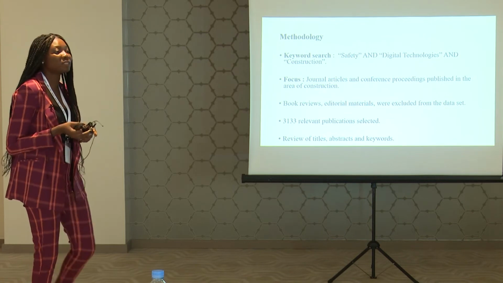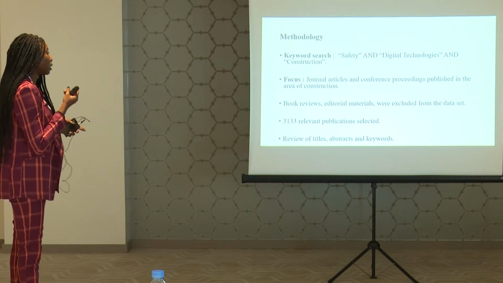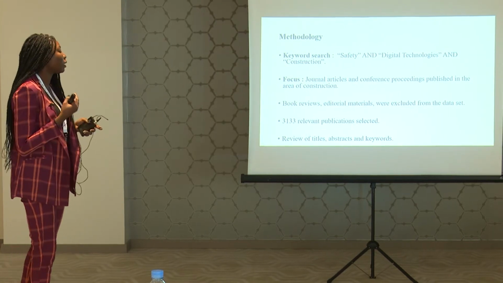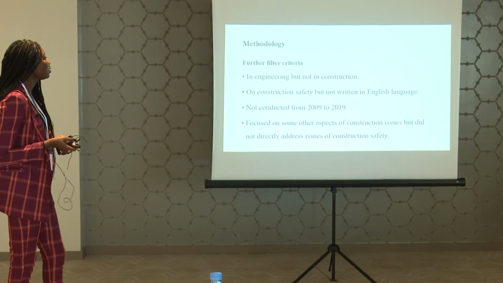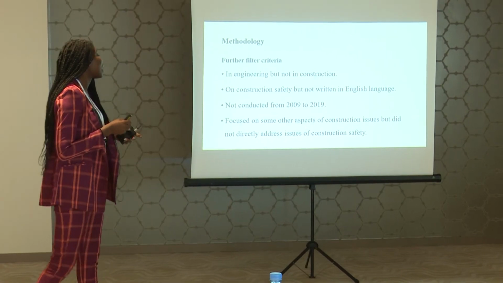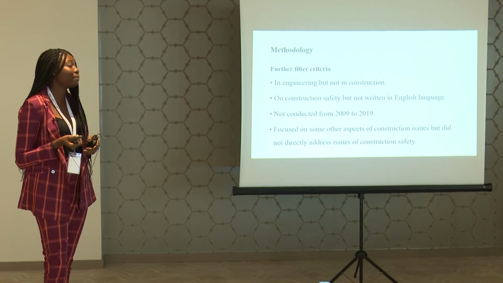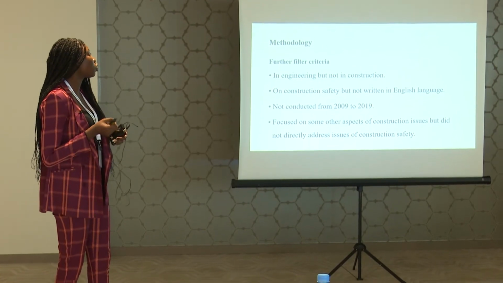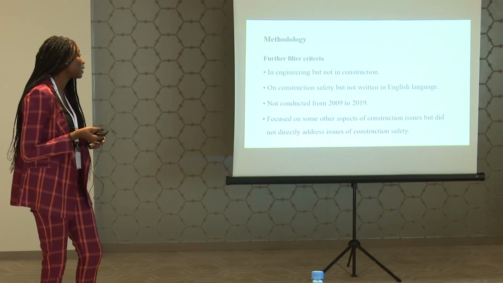To further filter this output, the titles of these relevant publications were reviewed. Their abstracts and keywords were also reviewed. Articles that were in engineering but not in the construction field were eliminated. Articles on construction safety but not written in English were eliminated.